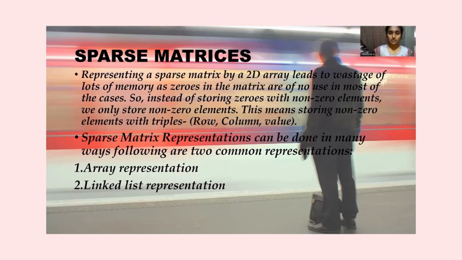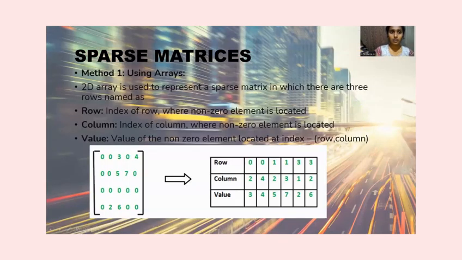Sparse matrix representation can be done in many ways. Following are two common representations: array representation and linked list representation. So method 1 will start with using arrays. A 2D array is used to represent a sparse matrix in which there are three rows named row, column, value.